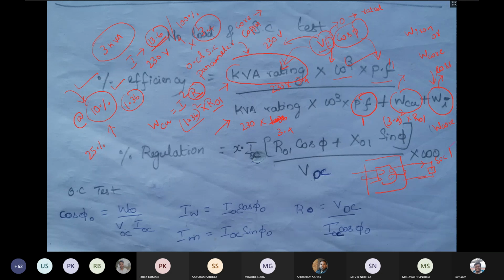Then the EMF induced on this will decrease. From no load to full load, the induced EMF V2 will be decreasing. In another way, you can say the voltage across the load will be decreasing.